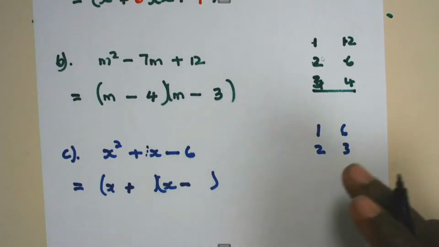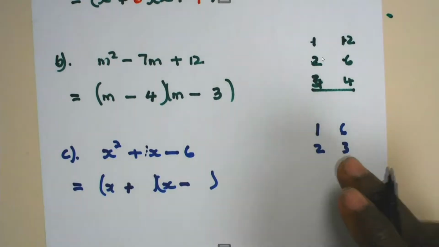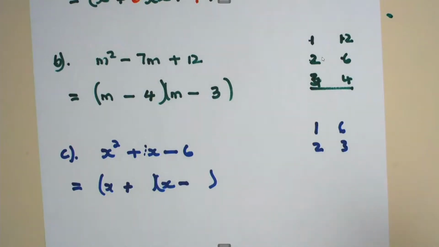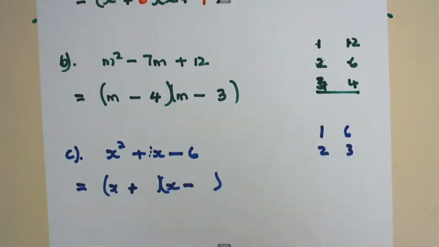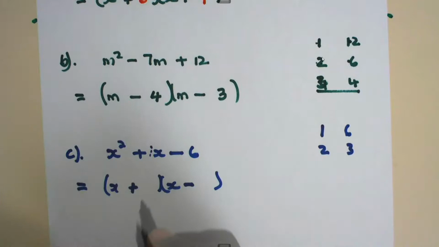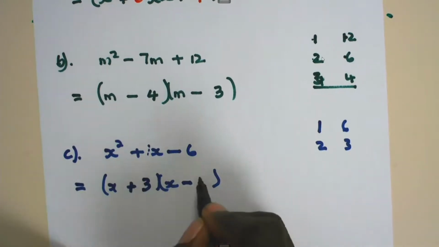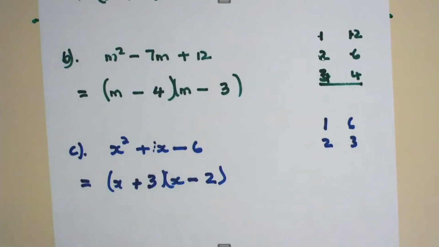When you subtract 2 from 3, you get 1. So it will be 3 and 2. Now start with the bigger one, plus 3 and negative 2. So these are the factors. If you master the meaning of each term and the signs that separate the terms, it's easy for you to master this.